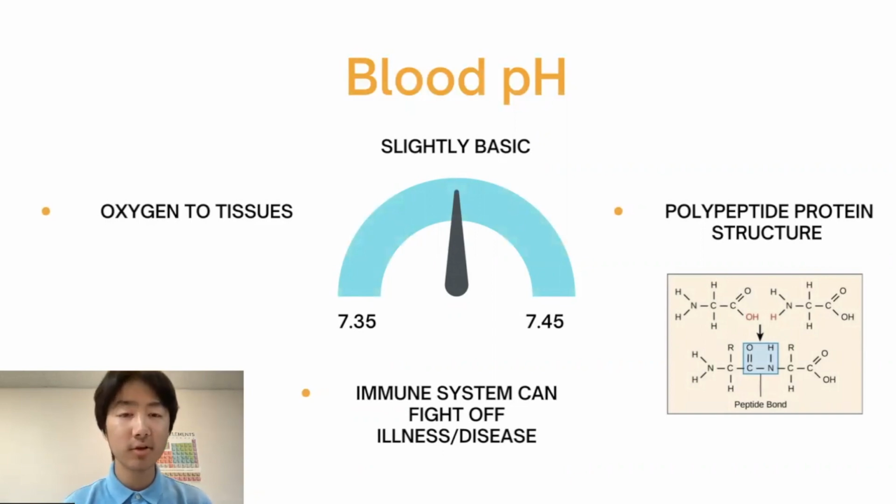Well, blood pH is important because it provides tissues with their necessary oxygen. It also helps the immune system fight off illnesses and diseases. And it also allows peptide protein structure in amino acids, which helps benefit enzymes and enzyme functionality in your body.